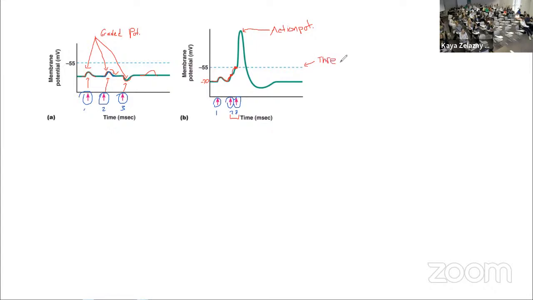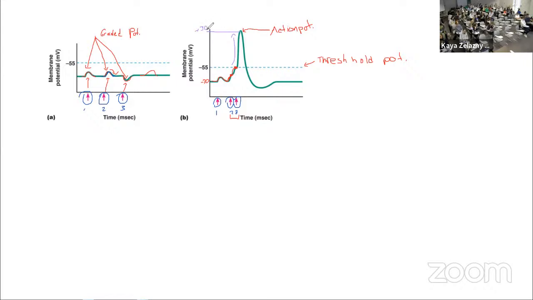Call it the threshold potential. Once we hit -55, that's high enough that something special happens. The special thing is that we fire off this action potential, which is always going to spike up to +30.